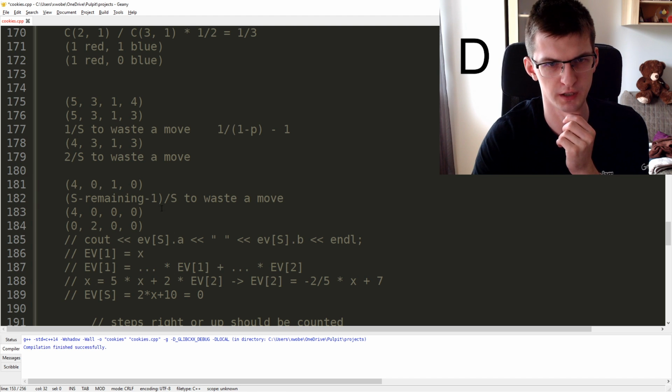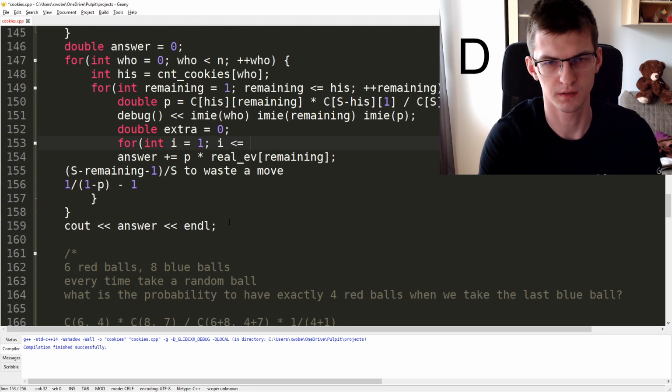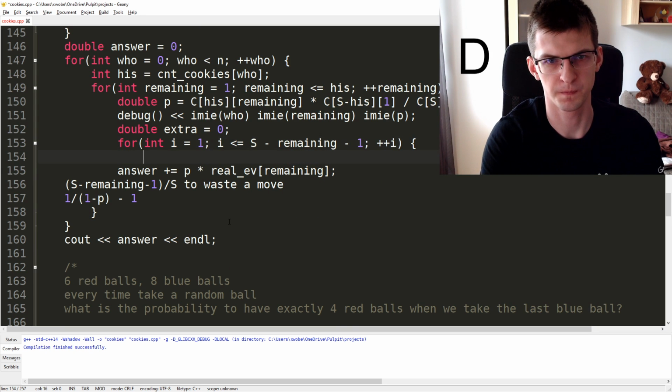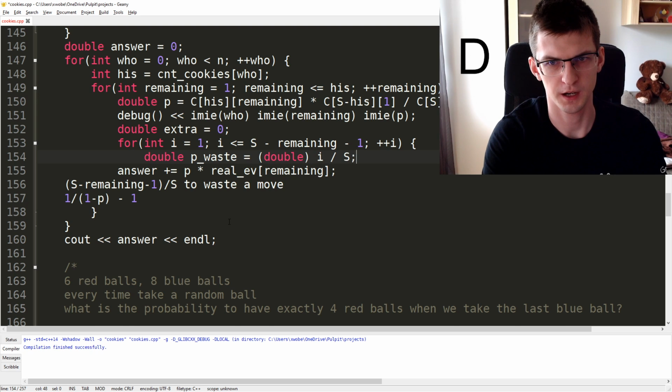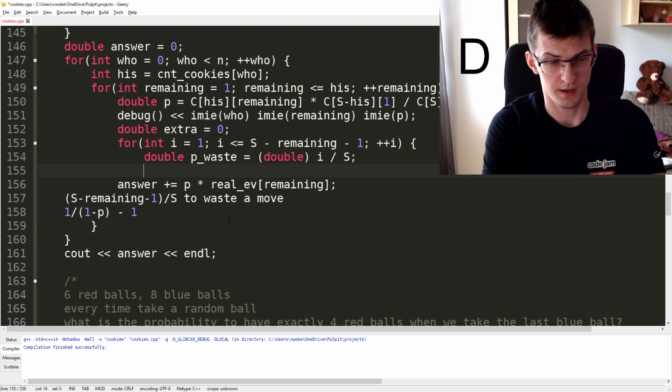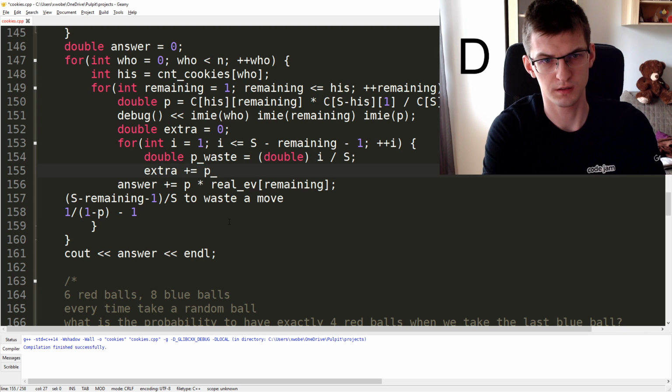From I equal to 1 to this. P waste is I over S, and extra plus equals 1 over 1 minus P waste minus 1.